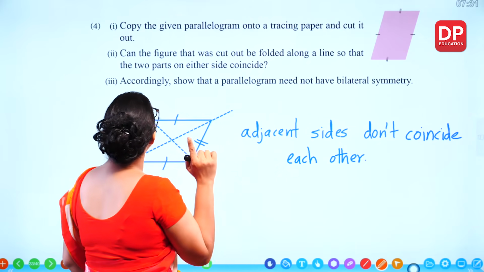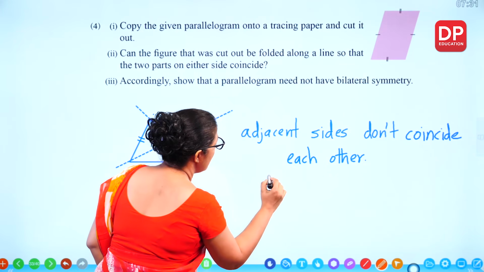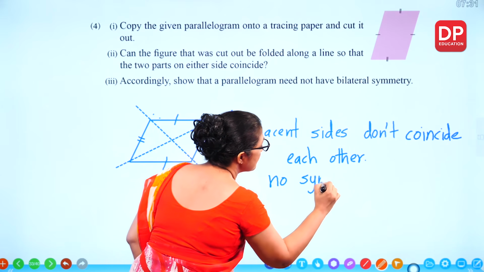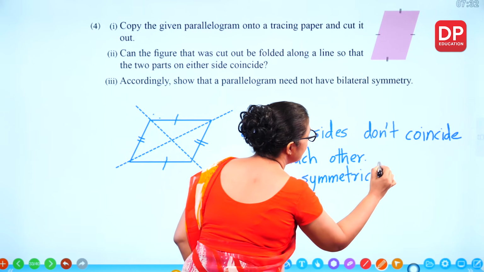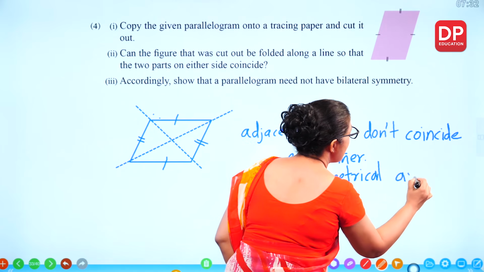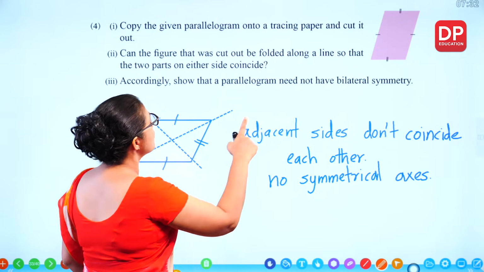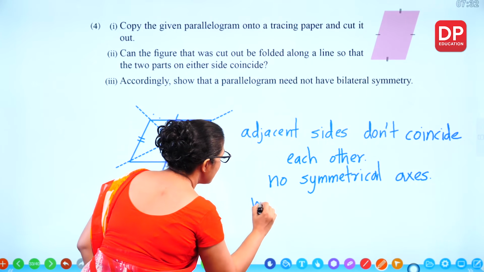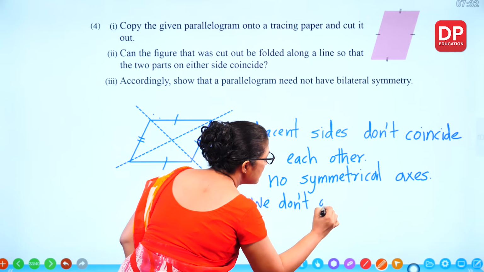So no symmetrical lines. You can say no symmetrical axis. So we don't get bilateral symmetry.